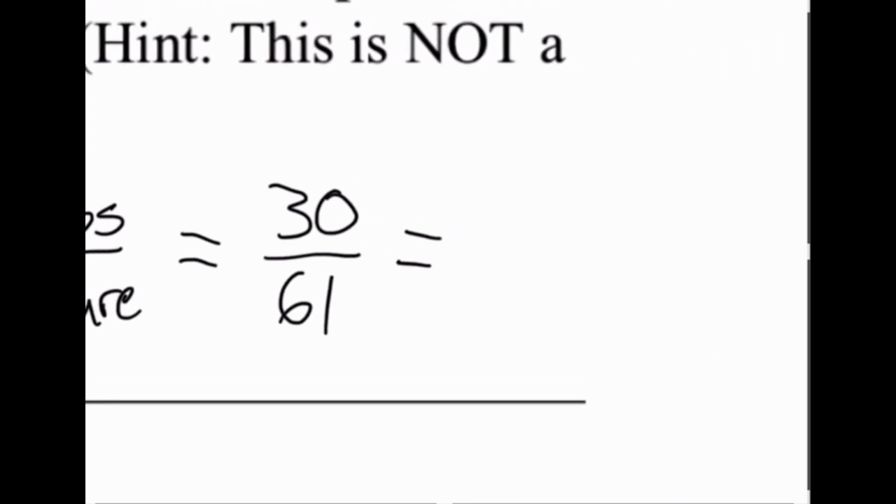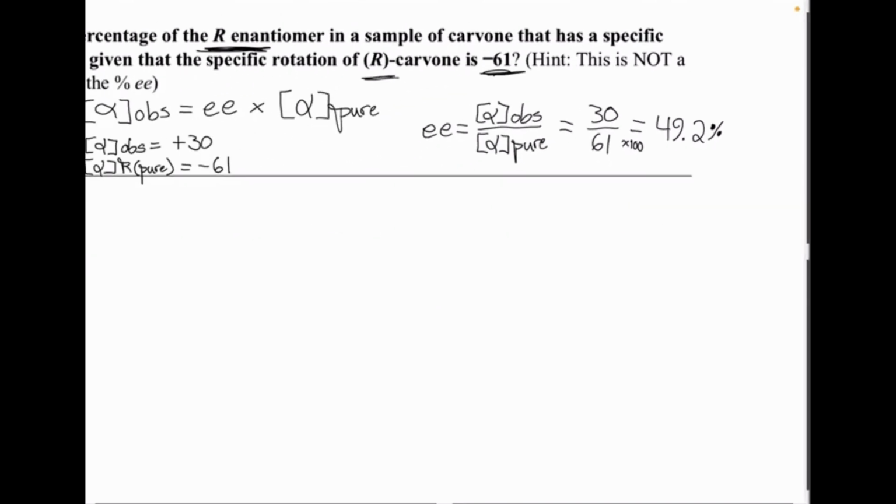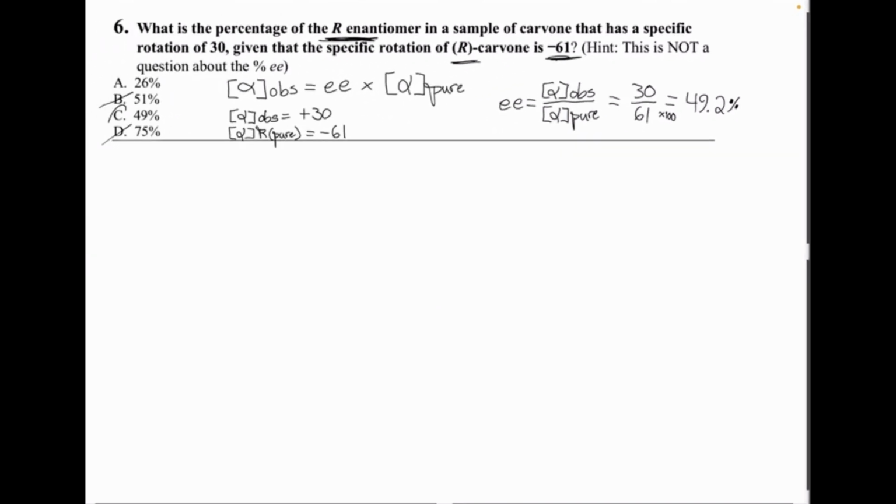Percentage wise, we times by 100. That is 49.2%. And you might be like, great, it's 49%. No, it's not. Hint, this is not about enantiomeric excess.